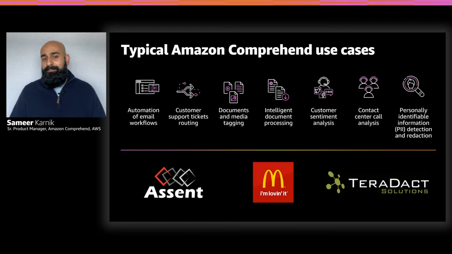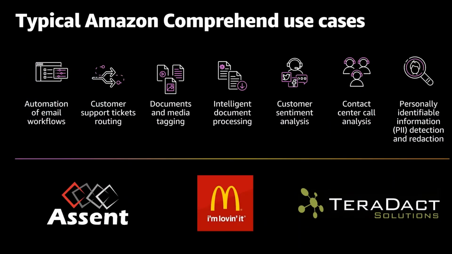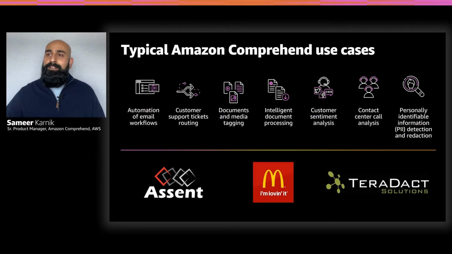So the last thing I'll cover here is a few use cases that we are seeing from our customers that might get your creative juices flowing for you as well. The first one here is automation of email workflows. What we've seen is our customers are looking at email subjects and email bodies and pulling out specific entities that are mentioned there, or they're using that to classify emails.